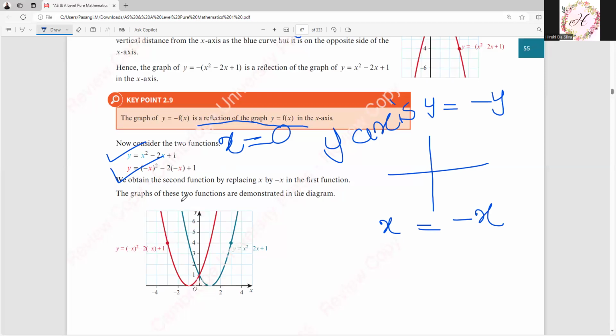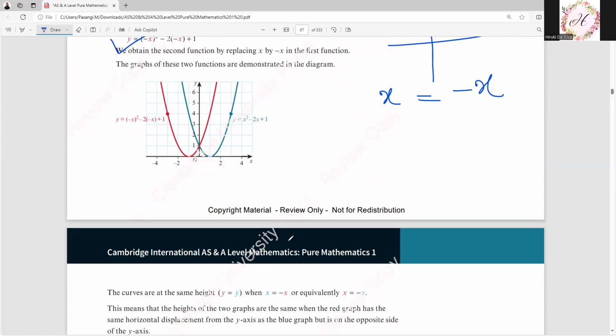The graphs of these two functions are demonstrated in the diagram. Here you have the mirrored one along the y-axis. Looking at this, it is symmetric about the y-axis.